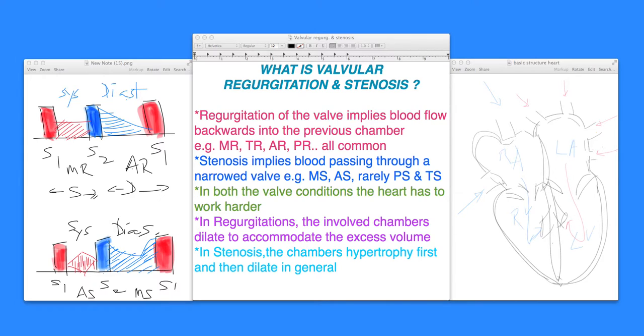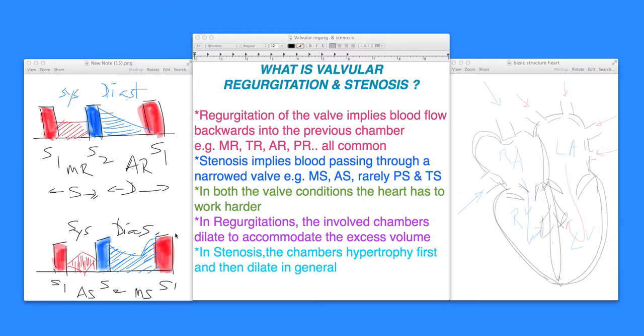So there is an extra sound occurring between S2 and S1. So we have aortic stenosis and mitral stenosis in systole and diastole respectively. And we have mitral regurgitation and aortic regurgitation, in systole and diastole respectively.